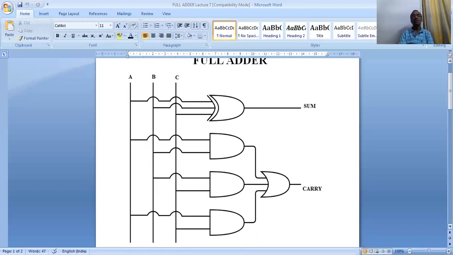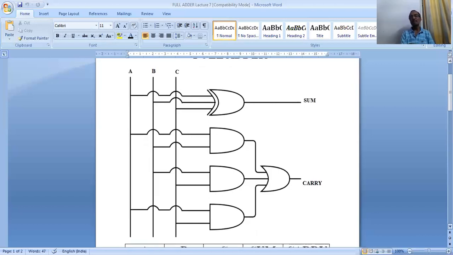Output of the third AND gate is also 0. Therefore, the outputs of the 3 AND gates are 0, 0, 0. Therefore, the output of the OR gate, which gives carry, is 0 plus 0 plus 0 equal to 0. Understand?